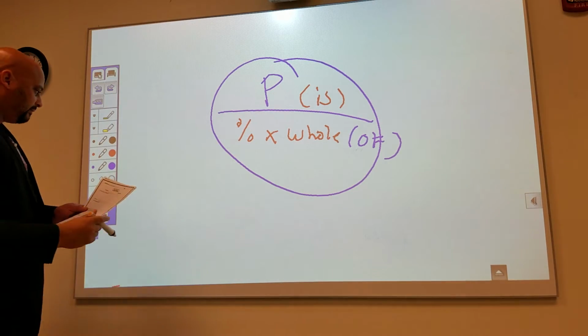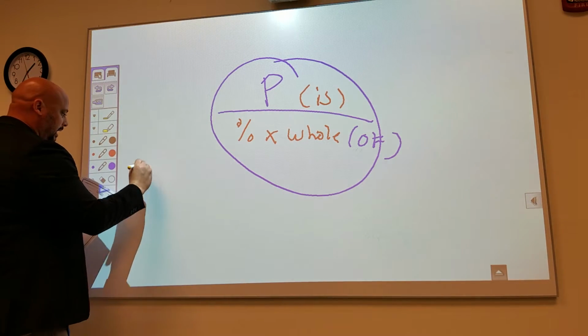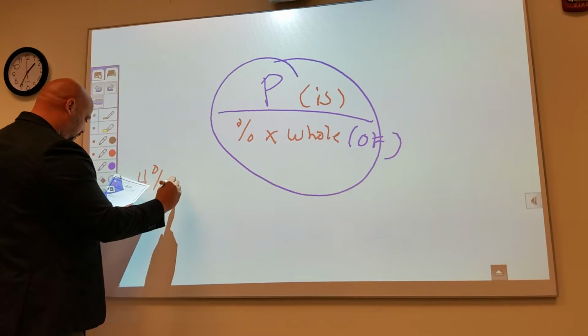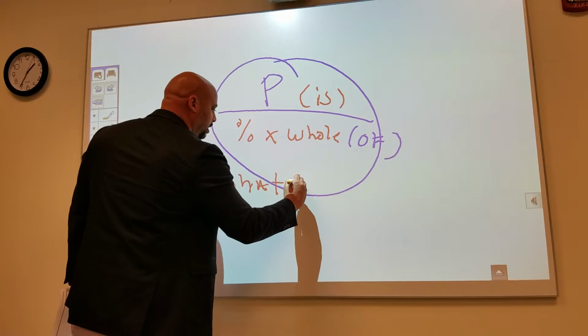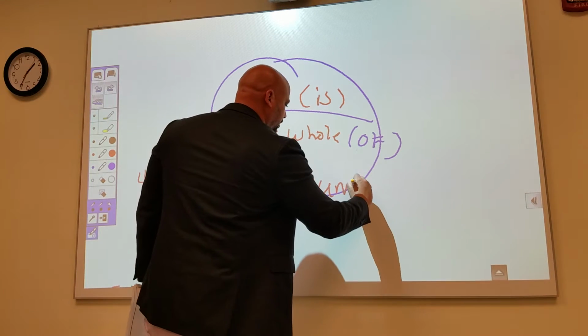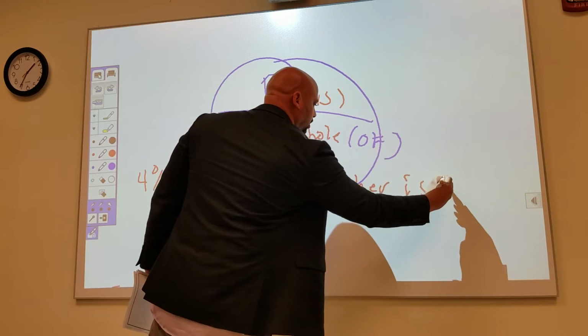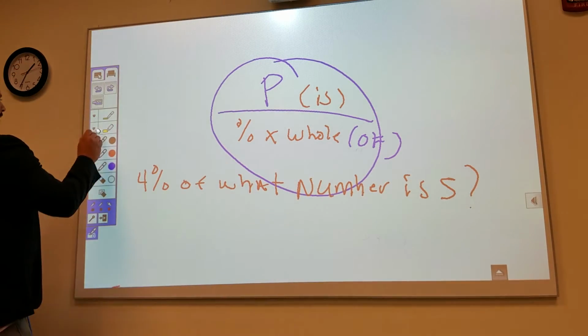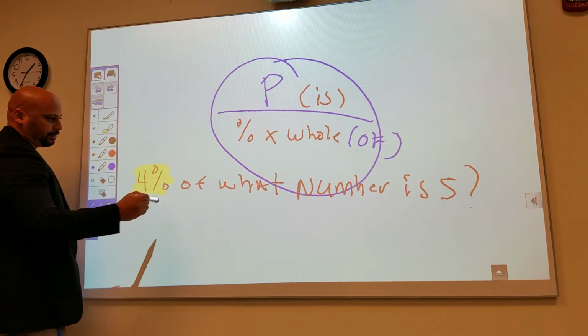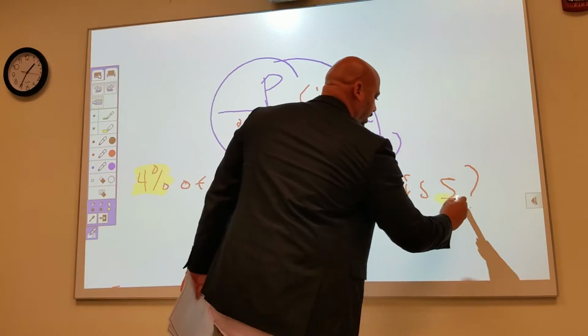Okay, so let's give you a question. If I say 4% of what number is 5? So we have two numbers here. The two numbers here clearly are the 4 with a percent sign and the 5, correct?